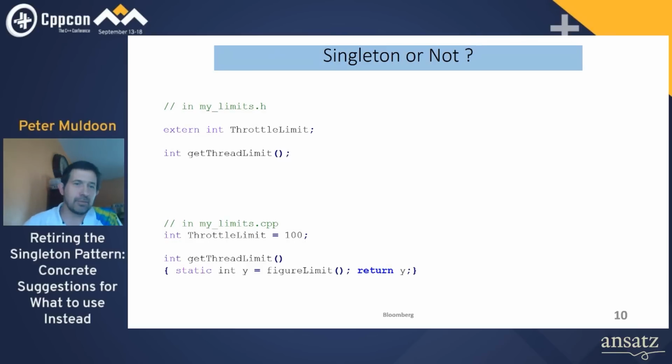Somehow it's going to throttle how many tasks I'm doing at the moment, and I also have a function that returns get thread limit. Thread limit is, as you can see, just statically initialized one time. It figures out the number of threads I can allocate to a particular task, and that's all I'm going to use for the lifetime of the program. And also in the CPP, if you pull back the covers, the throttle limit is set to something constant.